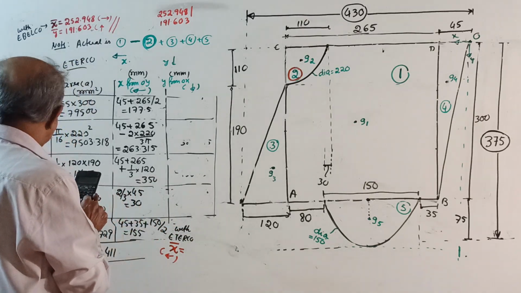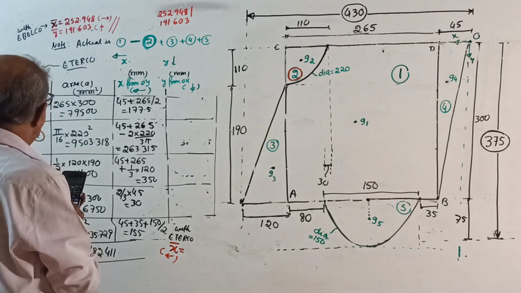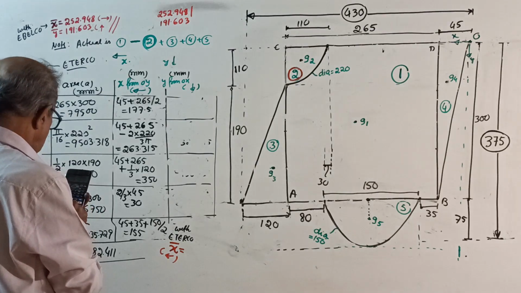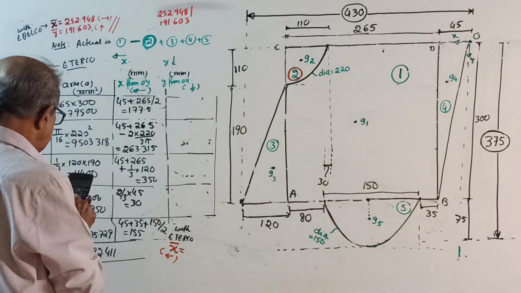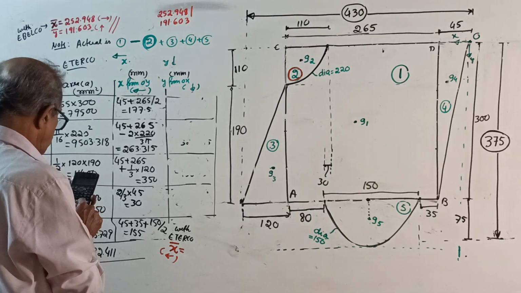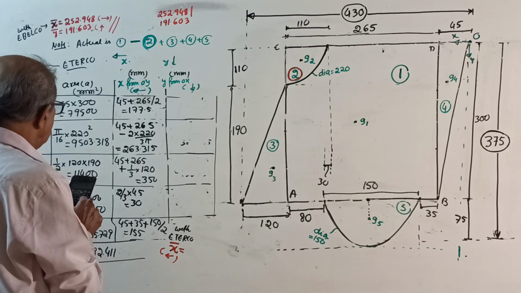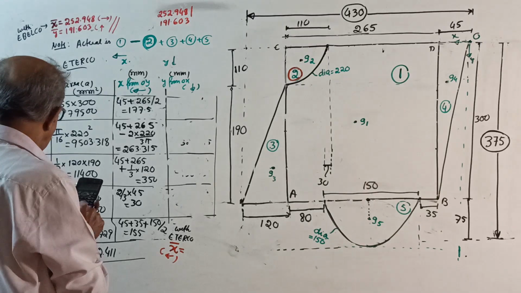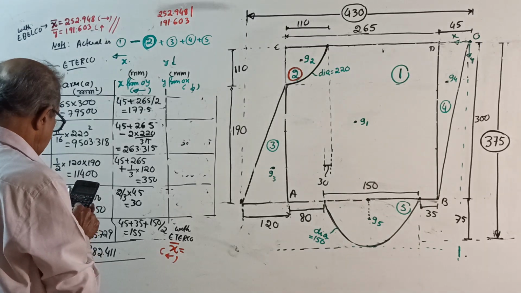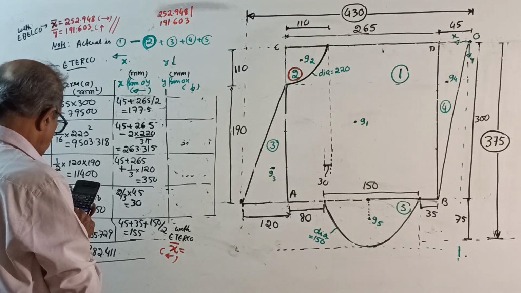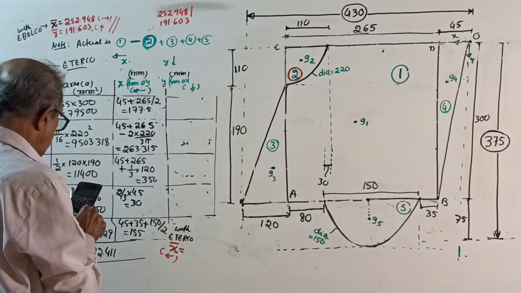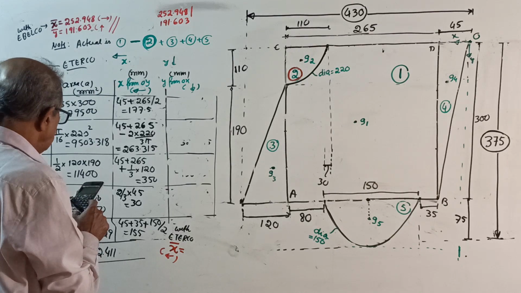I do not want any mistake. 79500 into 177.5 minus 9503.318 into 263.315 plus 11400 into 350 plus 6750 into 30 plus 8835.729 into 155 divided by total area. I already stored it in the memory.